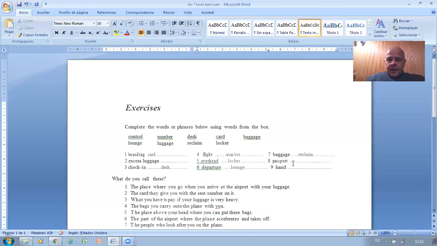Okay, in here you have the passport control. When you arrive at the airport, you have to go through control, and the document they check is your passport. And finally, the hand, in this case, would be the hand luggage.